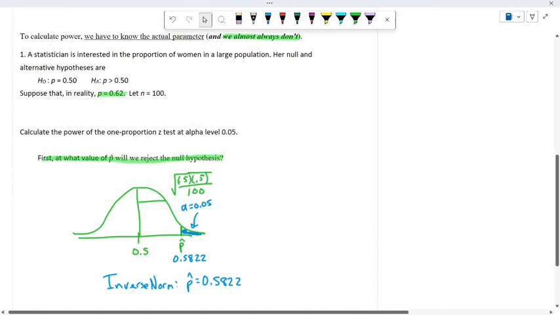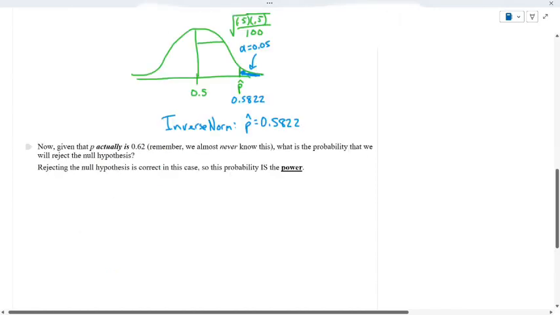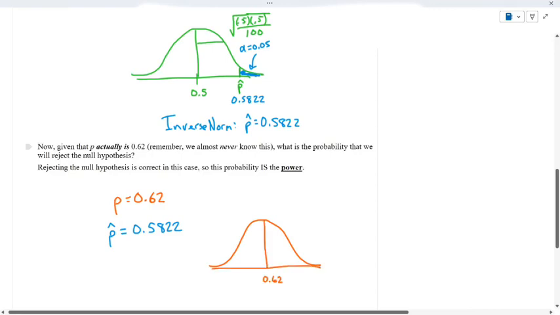All right. Now that we've calculated that, given that p, the actual parameter, is actually 0.62, what is the probability that we will reject the null hypothesis? So in this case, we're now saying that the parameter is 0.62 and our p hat cutoff is 0.5822. Therefore, our standard deviation is the square root of 0.62 times 0.38 over 100.